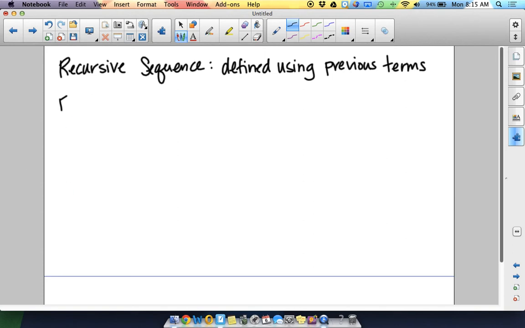Okay, so we're on example 3. Write the first 6 terms.